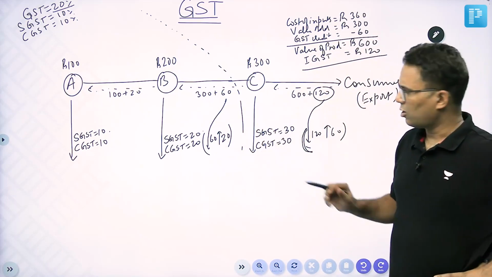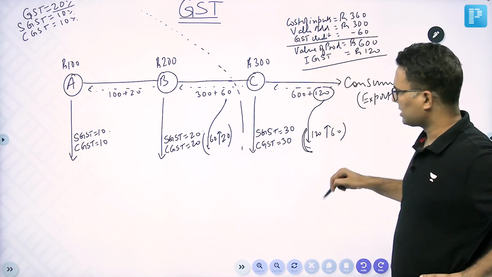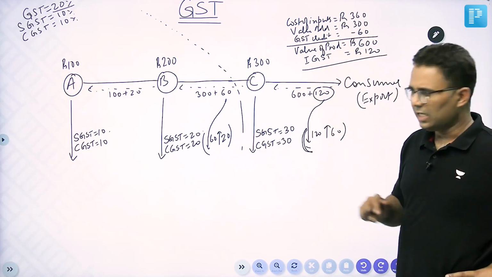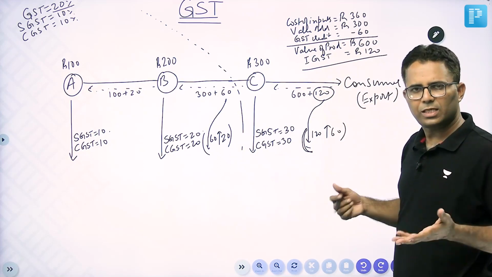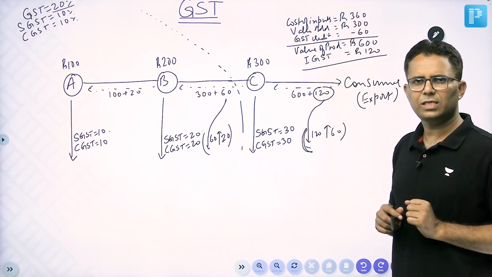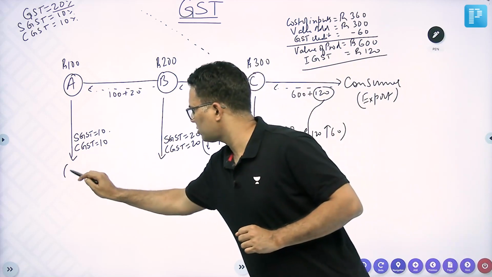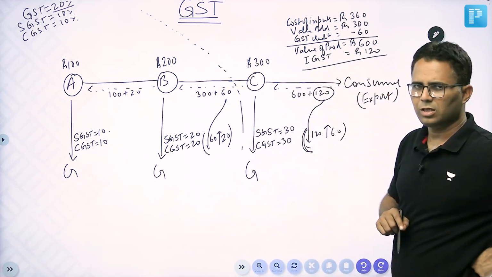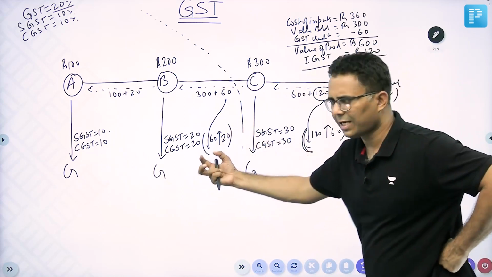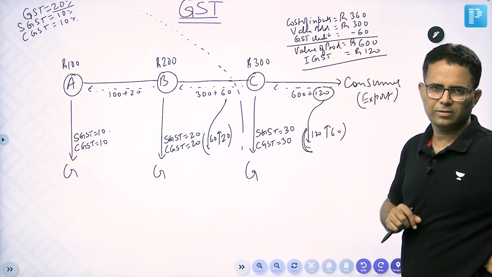The government is giving back the taxes whatever was previously paid. Even if the government is giving back, is the government collecting taxes or not? Yes, the government is collecting at this point also, and at this point also. Even if it is giving back the taxes, some tax is being collected by the government at every point.